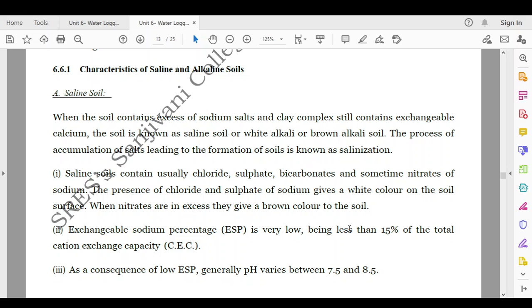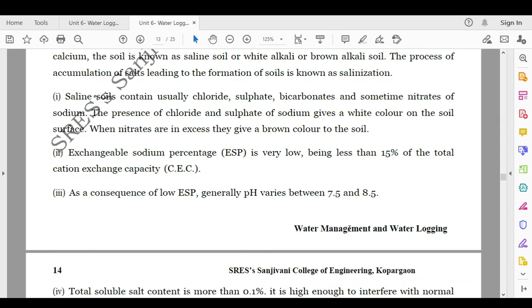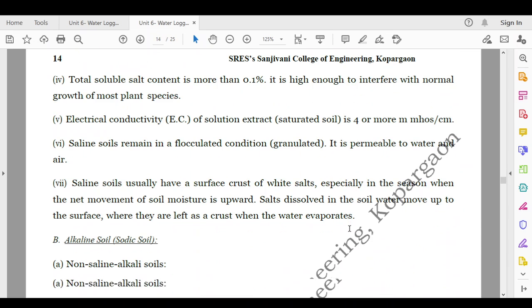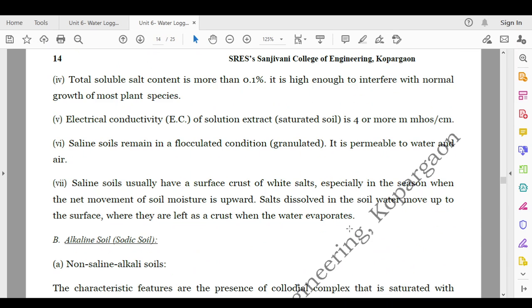Exchangeable sodium percentage, that is ESP, is very low, being less than 15% of the total cation exchange capacity, CEC. As a consequence of low ESP, generally the pH value of this type of saline soil varies between 7.5 and 8.5. Total soluble salt content is more than 0.1%.